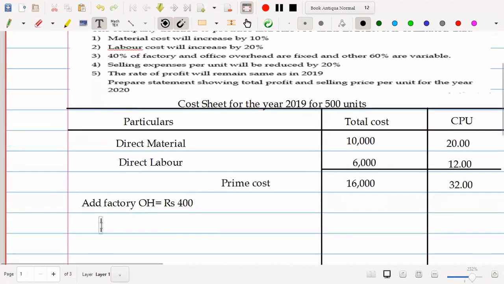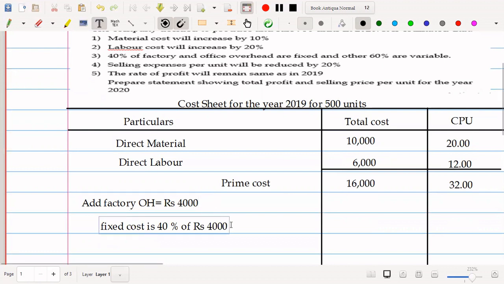So fixed cost is 40% of rupees 4,000. It comes to 1,600.